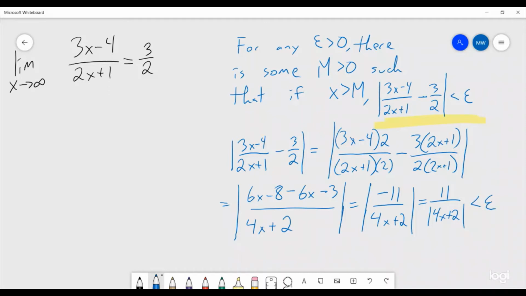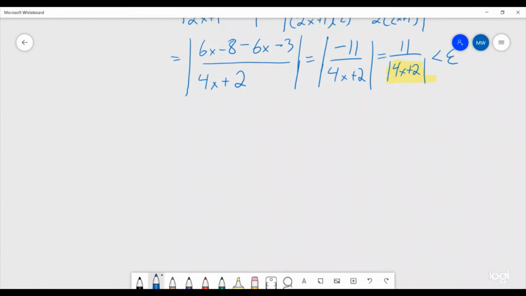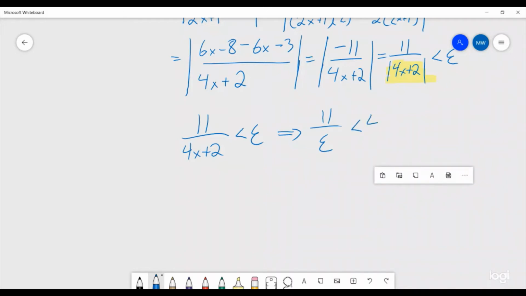Now, as x is going towards infinity, this 4x plus 2 is always going to be positive. So we are able to say that 11 divided by 4x plus 2 is less than epsilon. So 11 over epsilon is less than 4x plus 2.